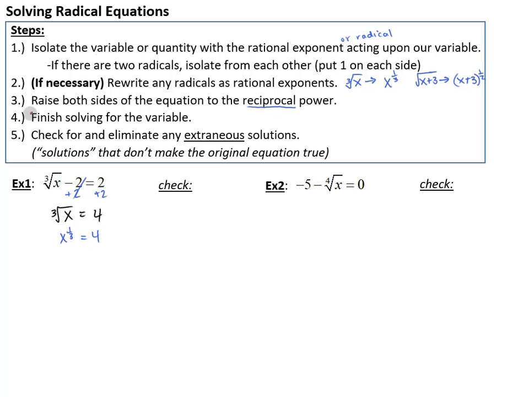Okay, step 3 is to raise each side to the reciprocal power. So I like to use brackets when I do this, but you can use parentheses. So we're going to raise each side to the 3/1, the reciprocal of the 1/3 power. Okay, and the reason that works here is remember, when you raise a power to a power, we multiply the exponents.